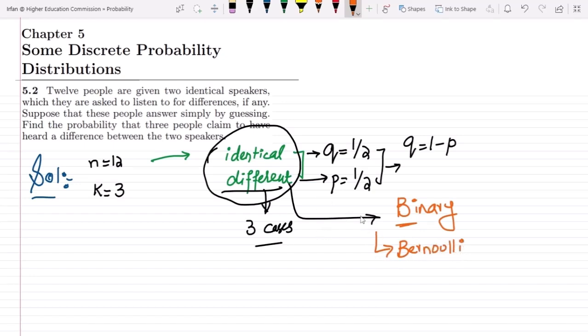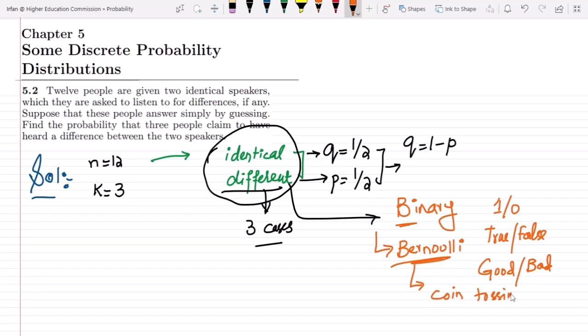We have a trial of either 1 or 0, or true or false, or good or bad. Each case here represents a Bernoulli trial, and one of the foremost examples of it is coin tossing.